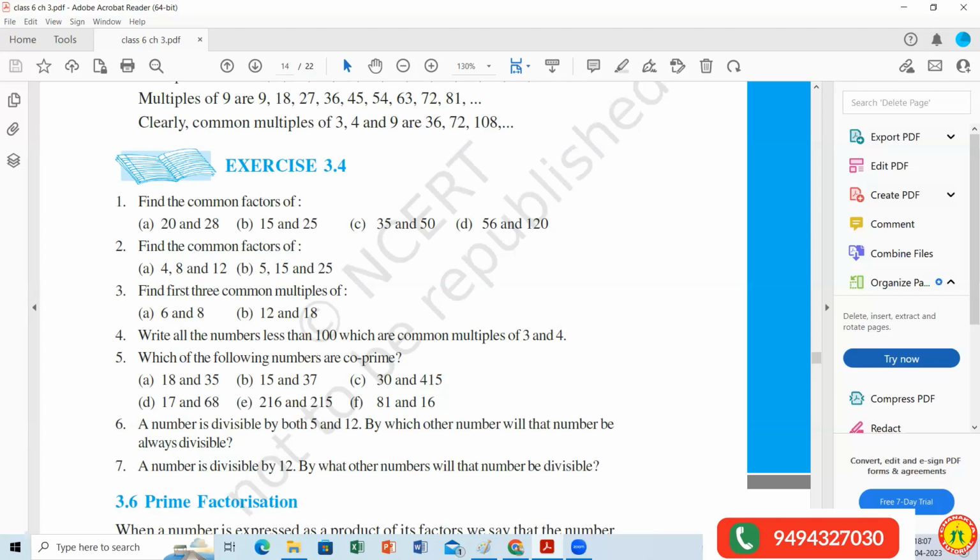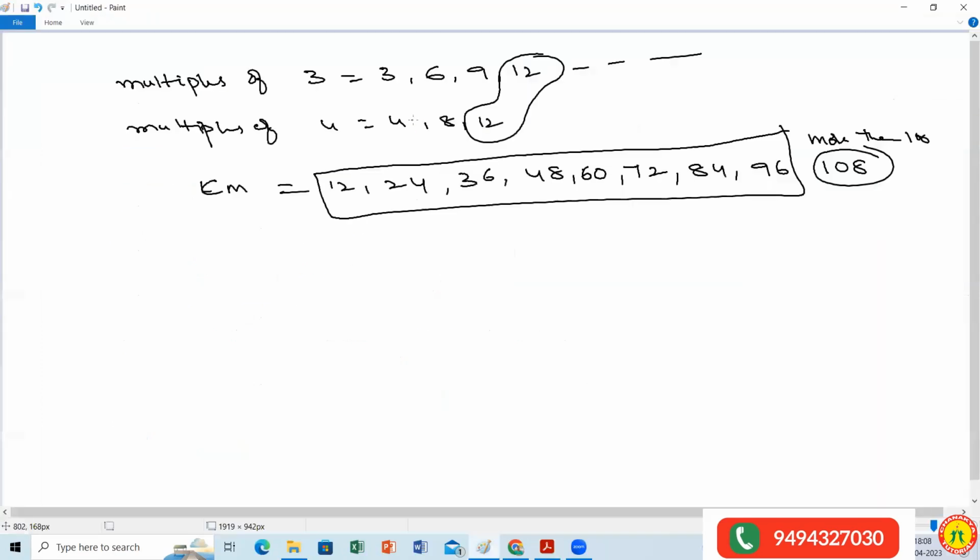How to check co-primes, children? You have to write the factors of 18 and of 35. Ma'am, it is not. Why? Because 18 comes in the 9 table and 35 comes in the 5 table. Very good.